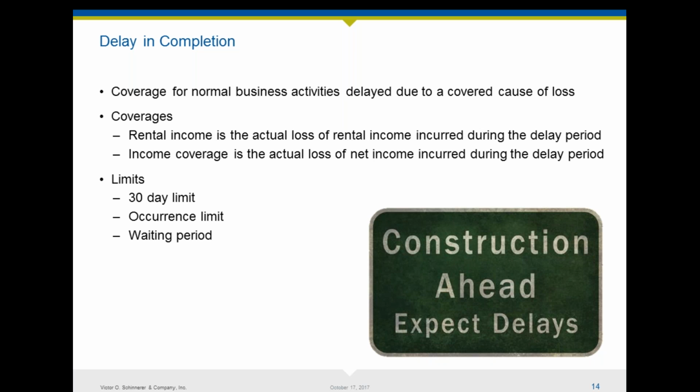So, as those submissions come in, we can talk about the limits. There is a 30-day limit, an occurrence limit, and also a waiting period. But all three of those can be customized to be the best fit for the client.